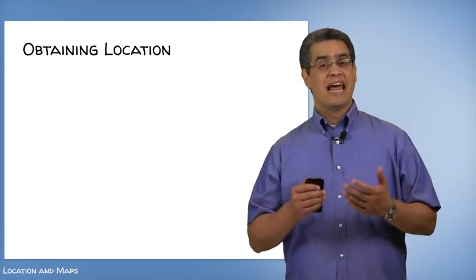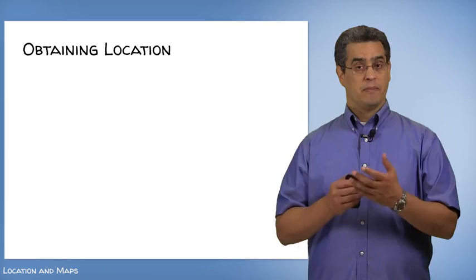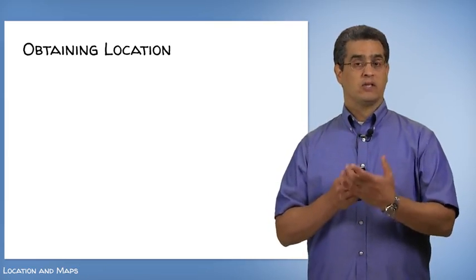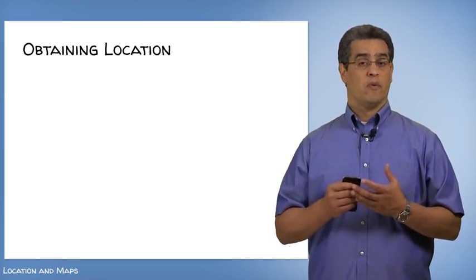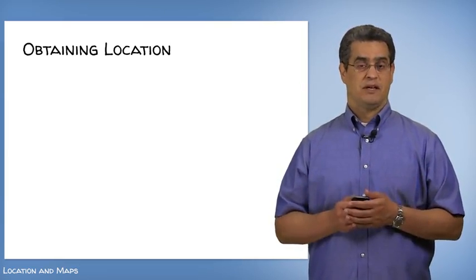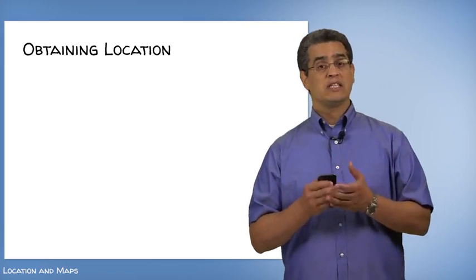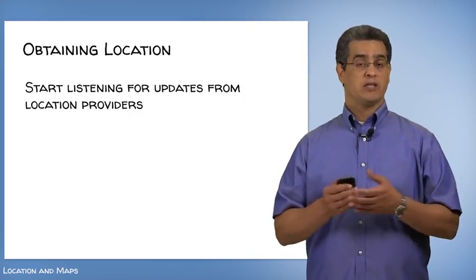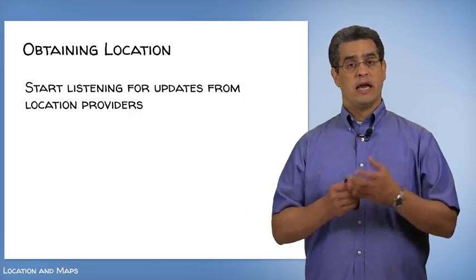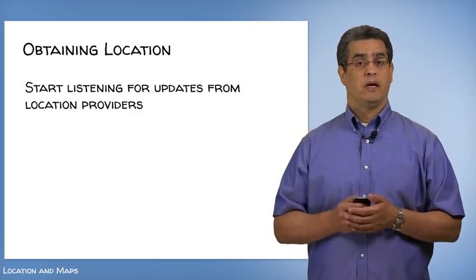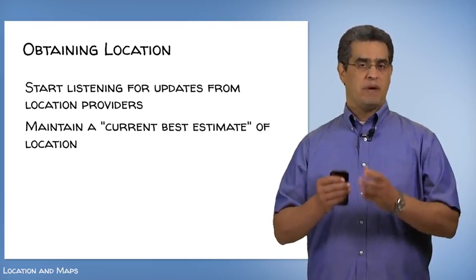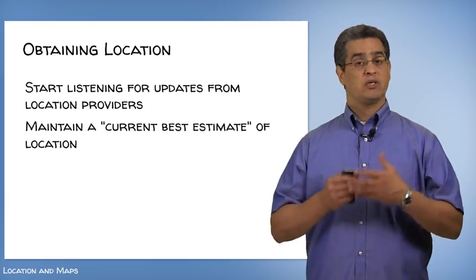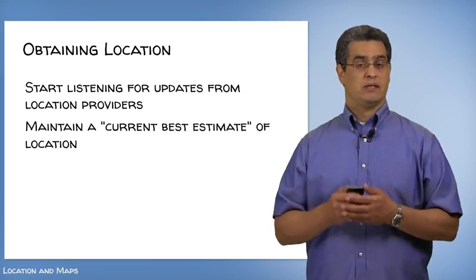If your application can't get a recent reading from the system, it will then need to acquire its own reading. And to do this, your application will normally perform the following steps. First, it will start listening for updates from location providers by registering a location listener. Next, it should maintain and update a current best estimate as it begins to receive location updates.